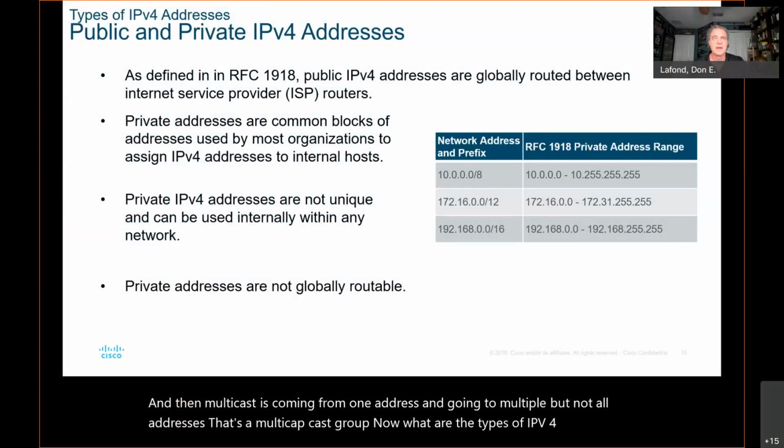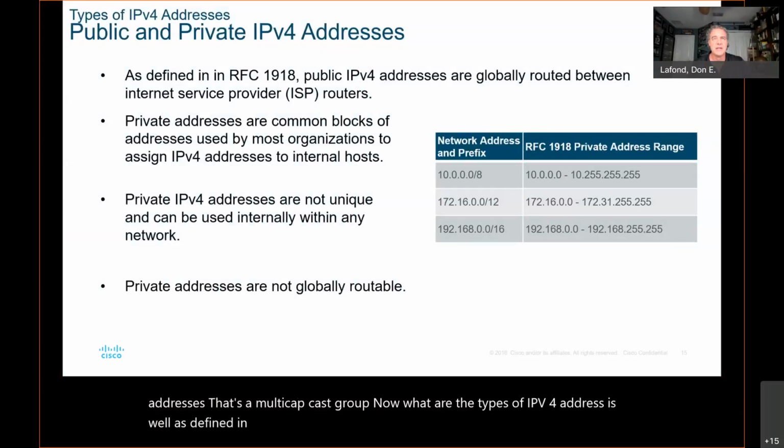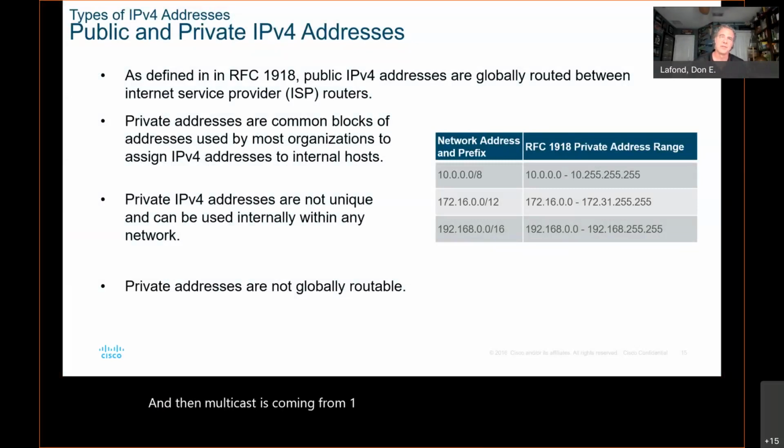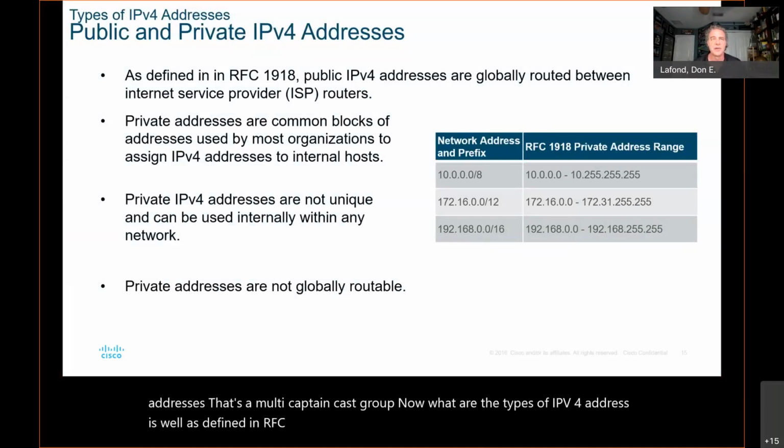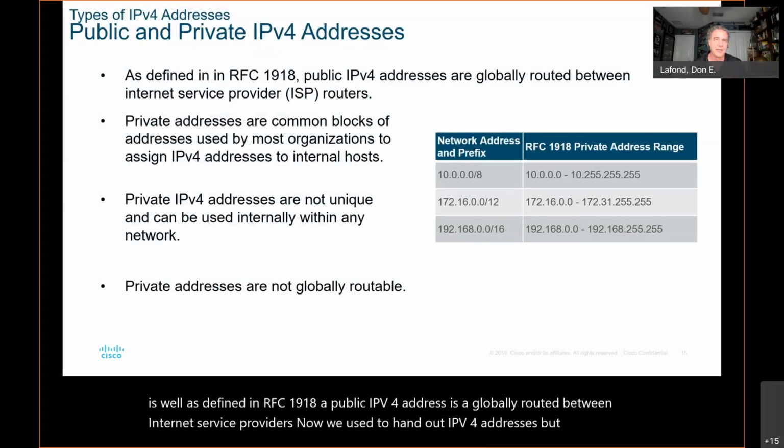Well, as defined in RFC 1918, public IPv4 addresses are globally routed between internet service providers. Now, we used to hand out IPv4 addresses, but then as we learned earlier, with only 4.3 billion addresses, we started running out of those addresses. So they came up with private addressing.